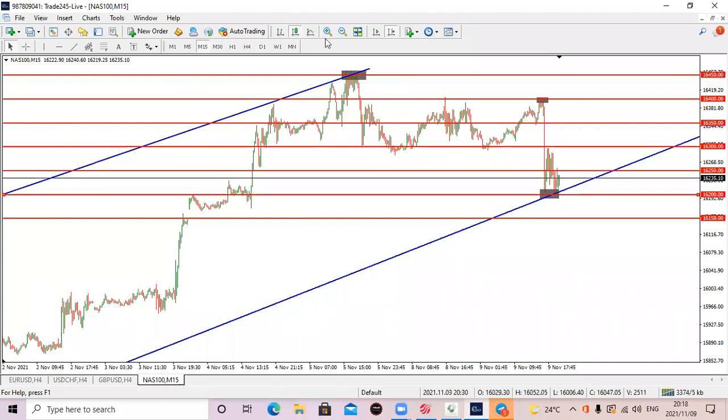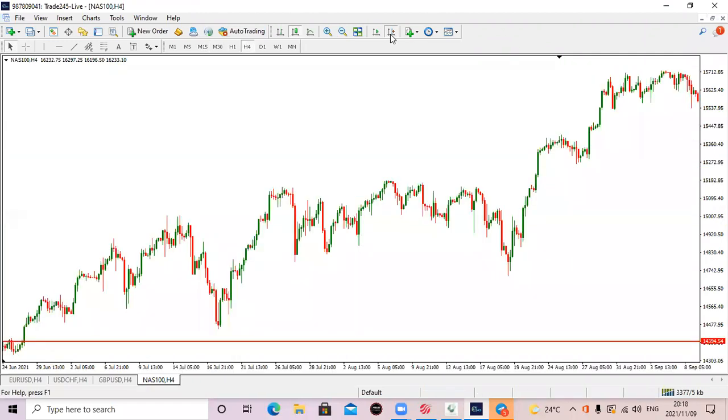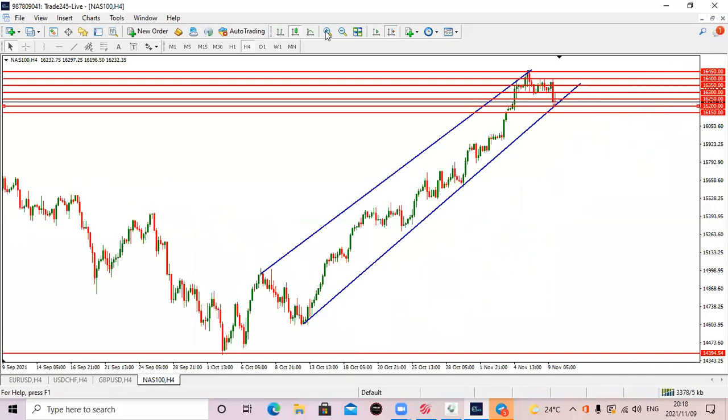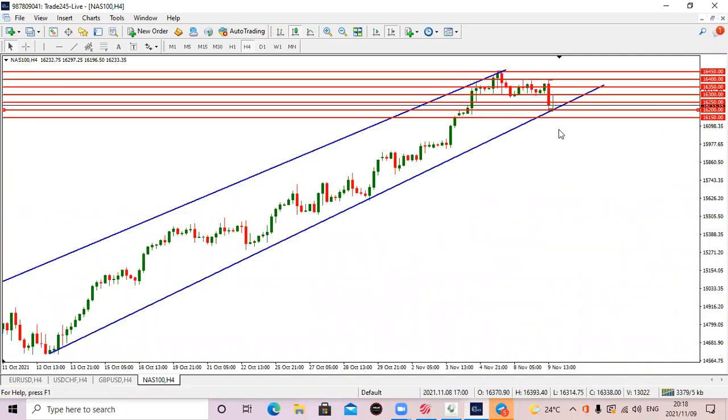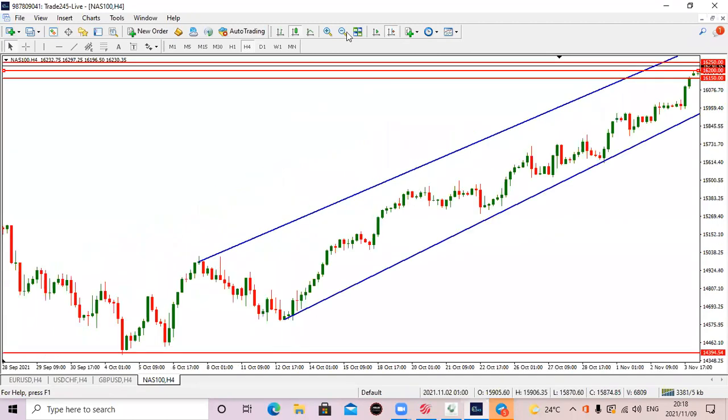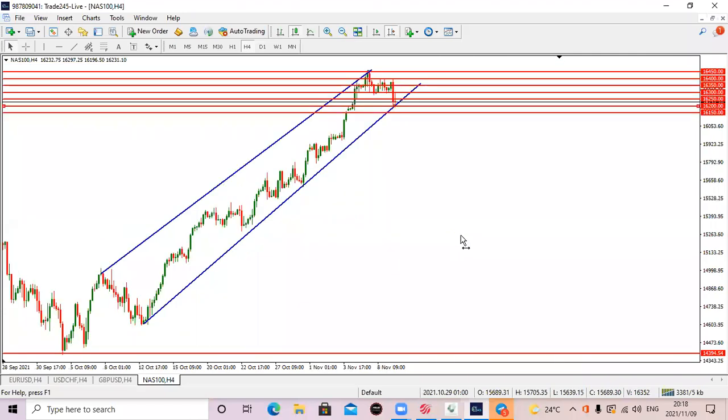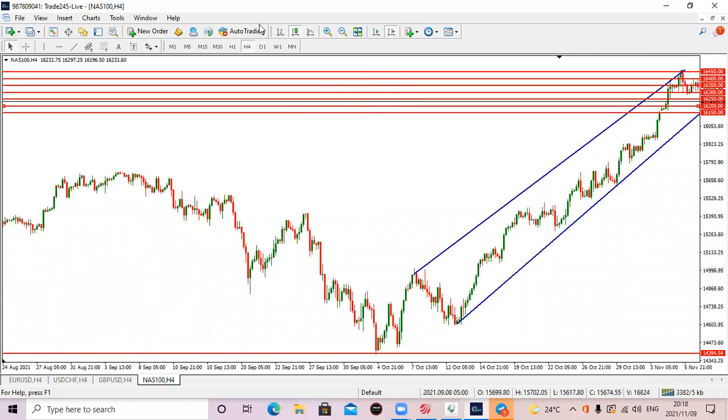When you go to the 4 hour, you'll be able to see what I'm talking about. I'm talking about this. So if the market breaks below this structure, then it means we're coming down. Where are we coming? Where is our previous high, which is this one?